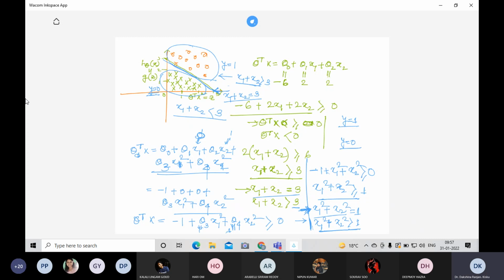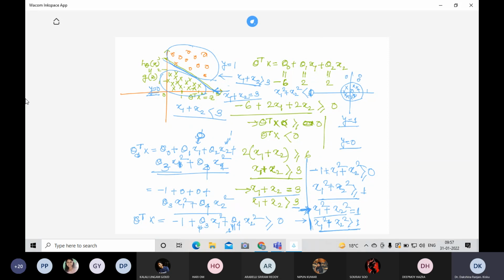So how will this representation look? If we take a visualization of this decision boundary, we can have this type of plot. Consider this is 0, this is 1. Some data points will lie inside the circle, and for these data points we can write x1 square plus x2 square less than 1.